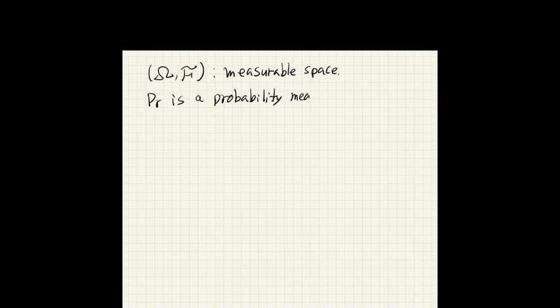So let's see. And here's another definition. So let's say this Omega and this F, their pair, is a measurable space, and P is a probability measure defined on this measurable space.